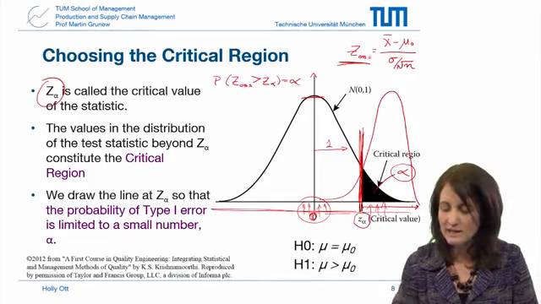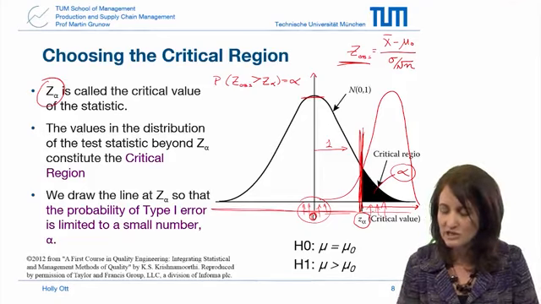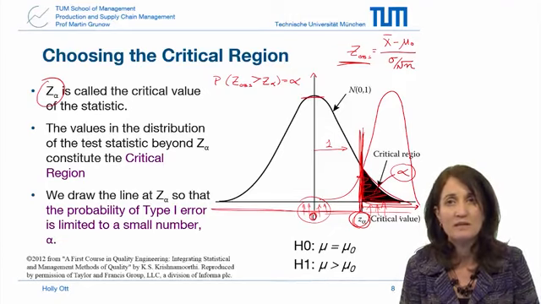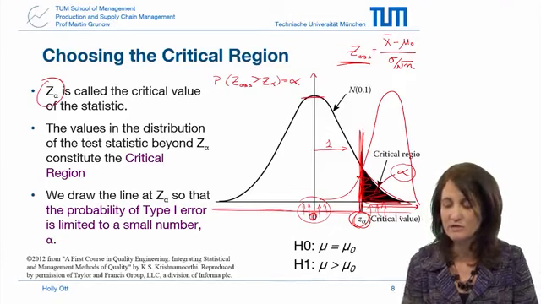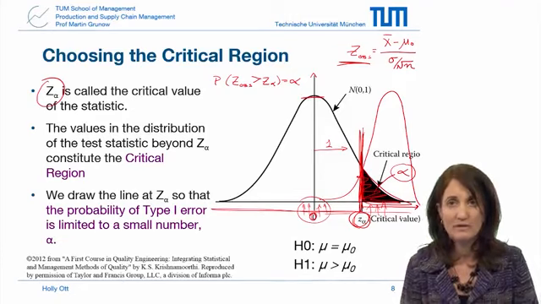But we draw the line such that the probability that it falls in the critical region is very small. This line is drawn then at z alpha, where z alpha cuts off a probability at the upper tail in the z distribution equal to alpha.